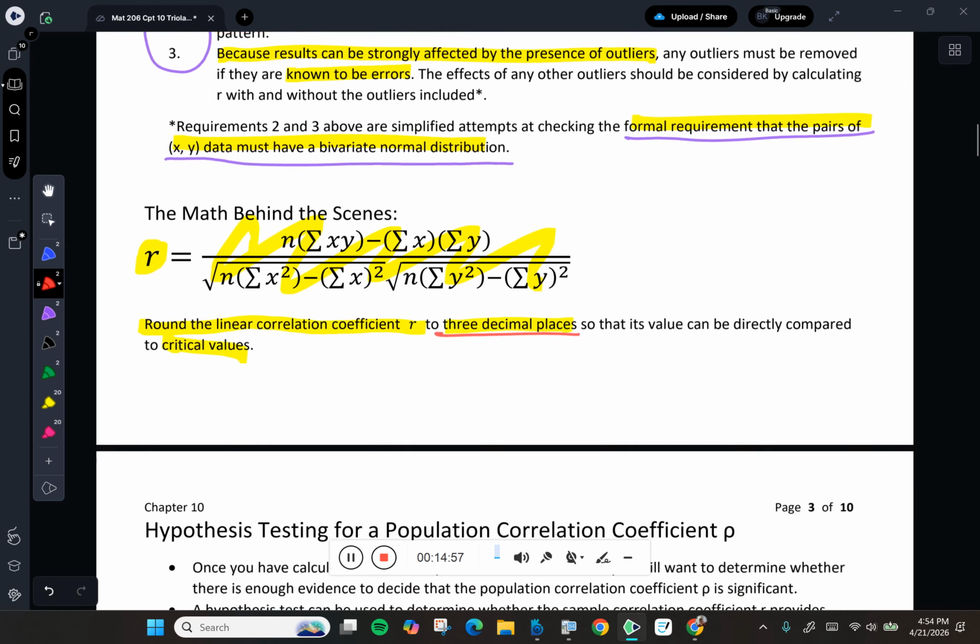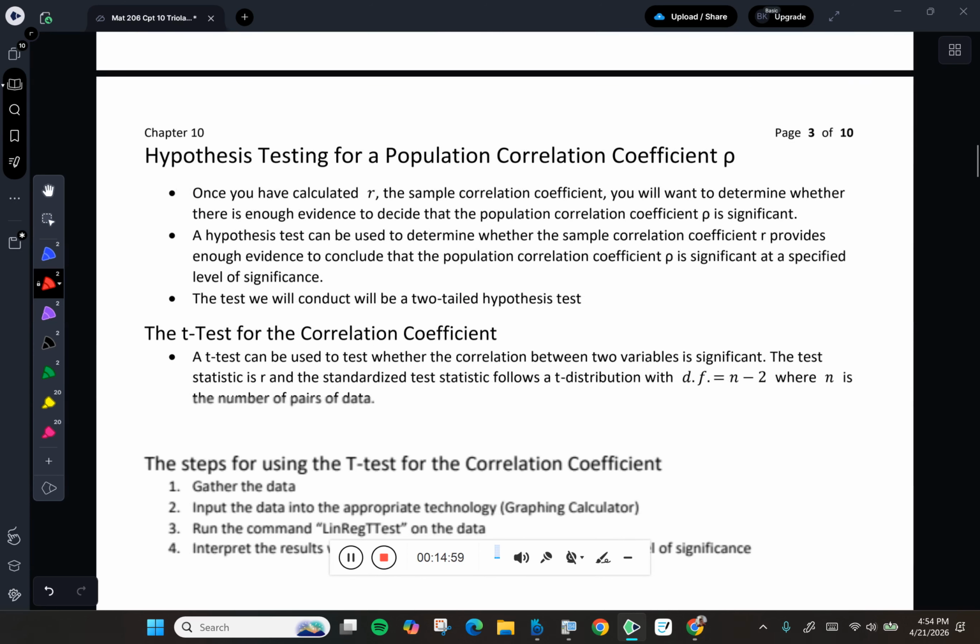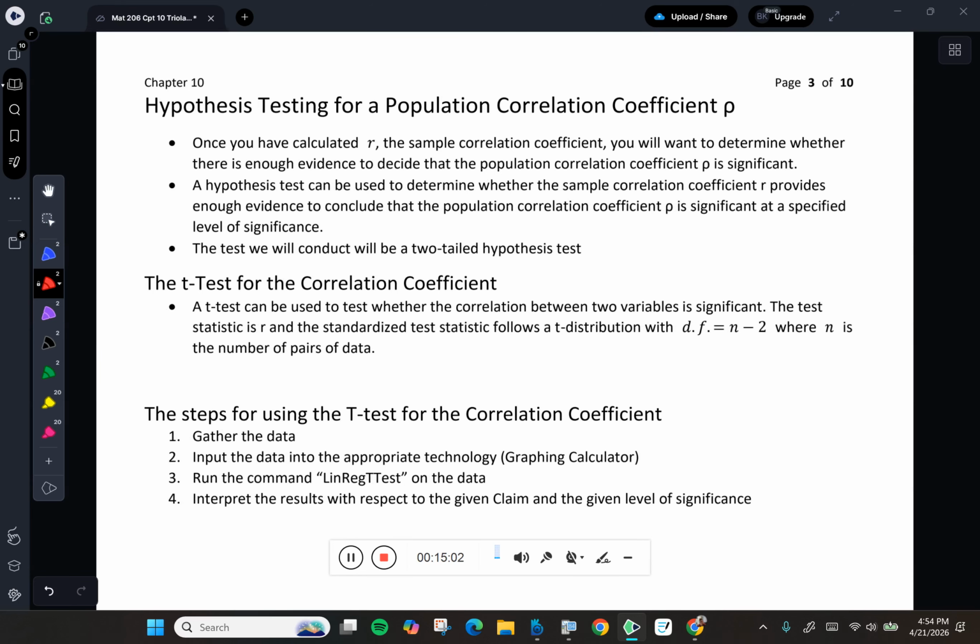All right, so what is this going to look like in practice when we do our hypothesis testing? Our hypothesis testing is going to be about a population correlation coefficient, that rho again. So we're going to set up a hypothesis test. We need to calculate R, that sample correlation coefficient, and then determine whether there is enough evidence that the population correlation coefficient is significant.